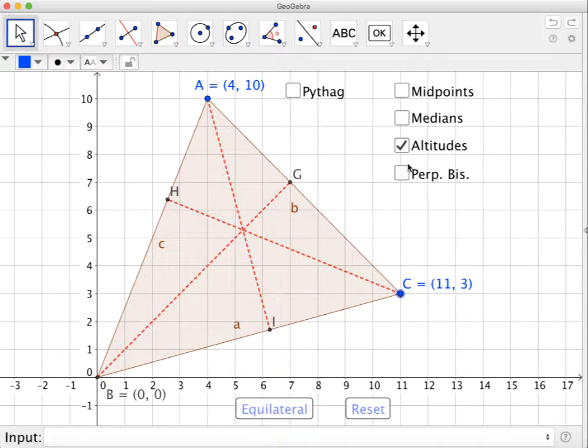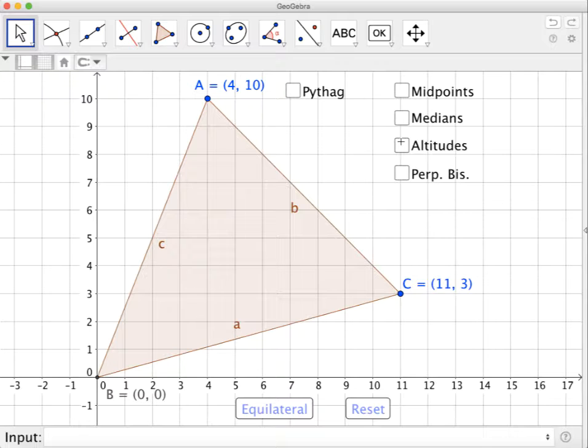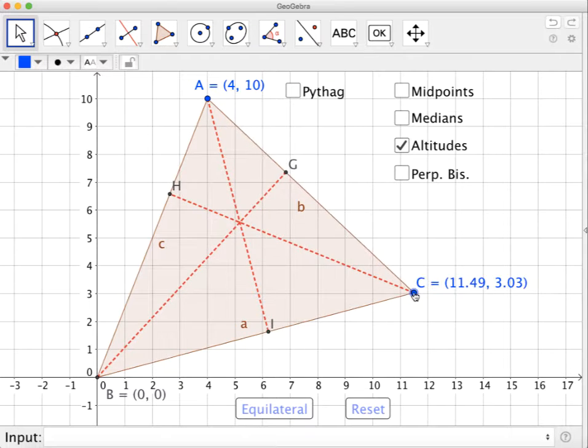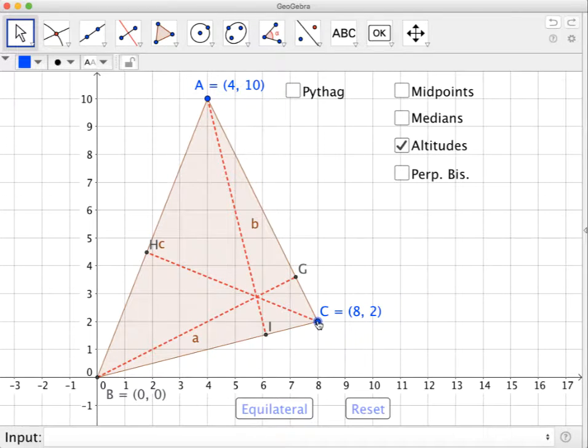Okay, we also have what are called the perpendicular bisectors. So our altitudes, as we saw, went from a vertex but did not necessarily connect to the midpoint of the opposite side. So clearly point I here is not the midpoint of side BC.